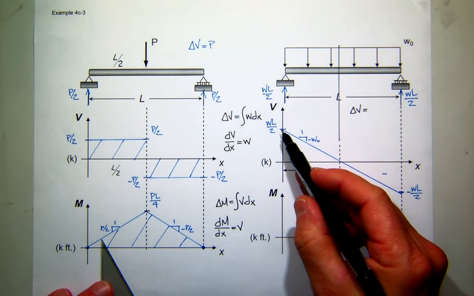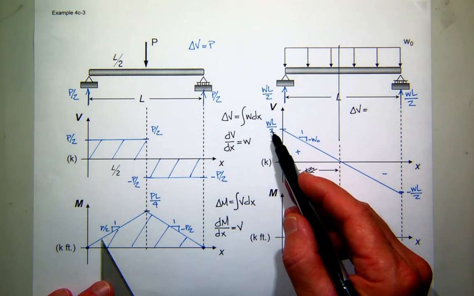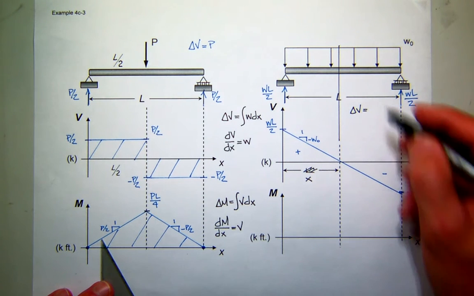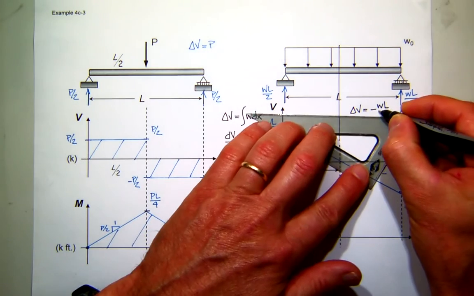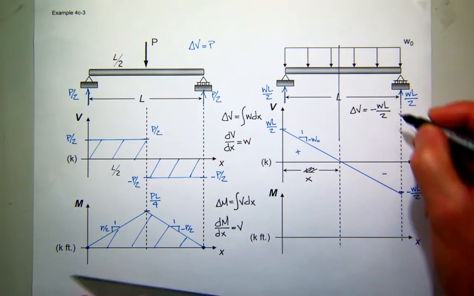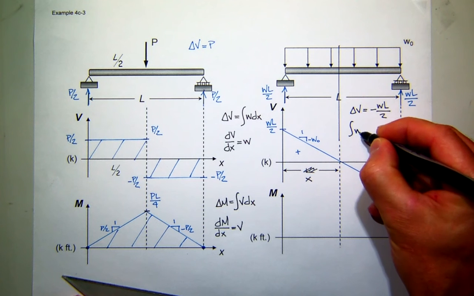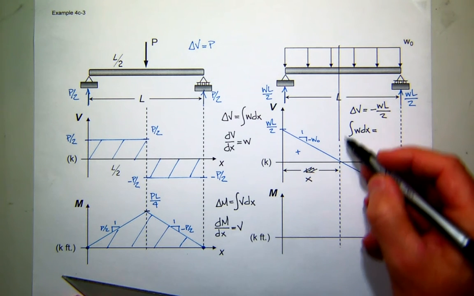So what's the change in shear from here to here? How much is the shear changing? It starts at WL over 2 and ends at 0. So how much does it change? Negative WL over 2, right? So I know how much it changes. At the same time, what's the area under my load diagram? So I project this up.